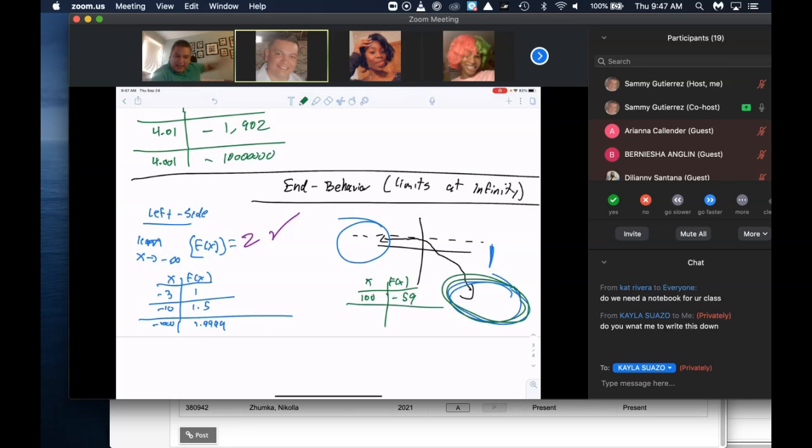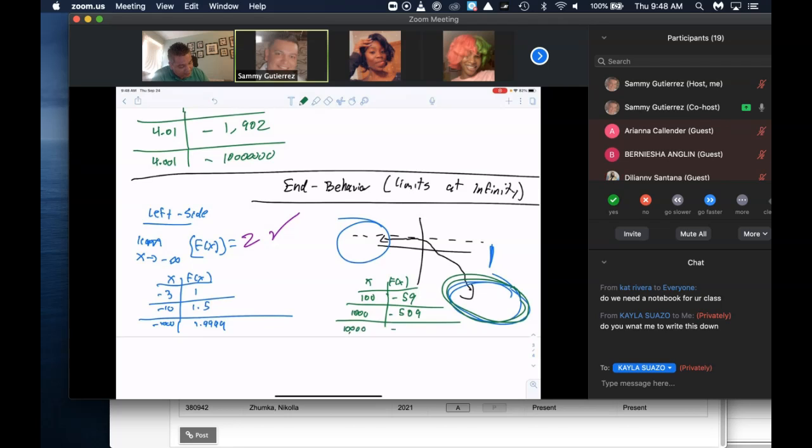All right, I want to get more to the right. Even more. 1,000. I get -509. I want to get more to the right. I think we can kind of see what the limit's going to, but I want even more down to the right. 10,000.